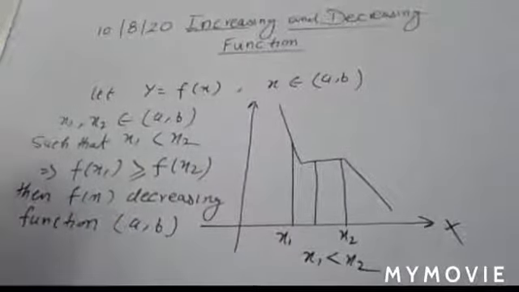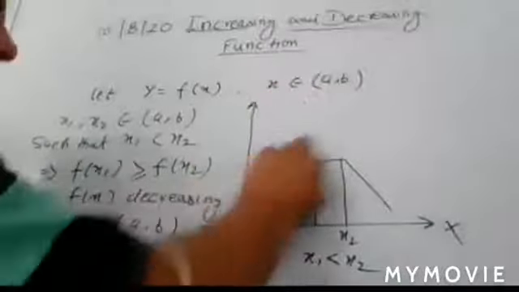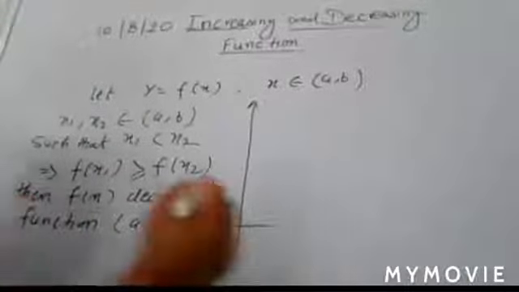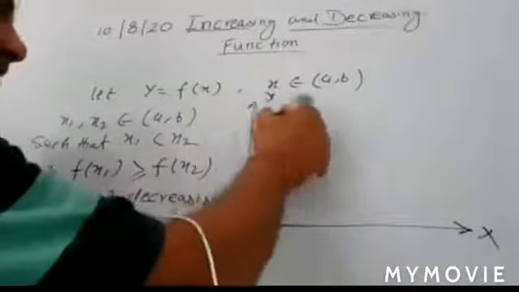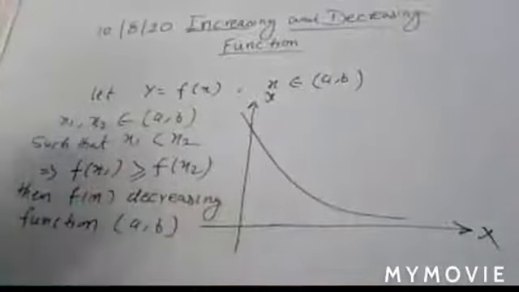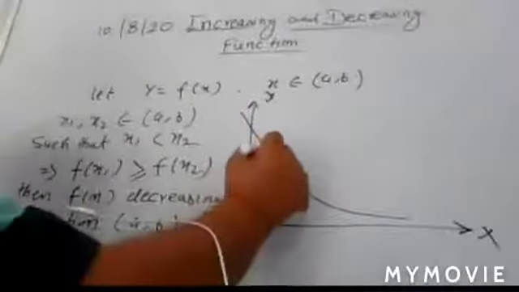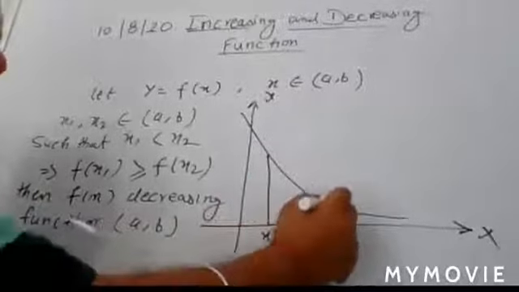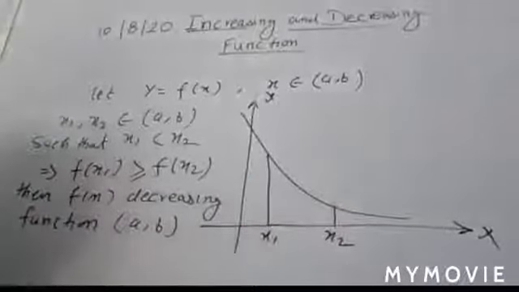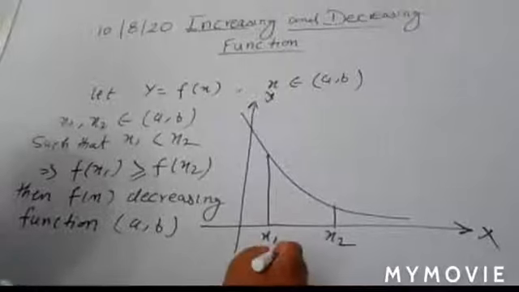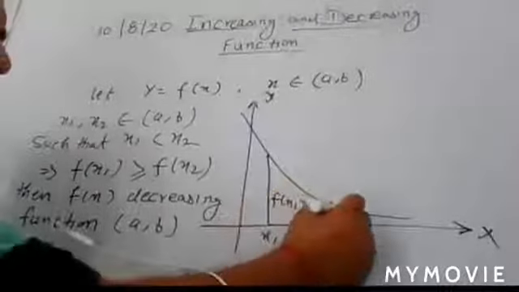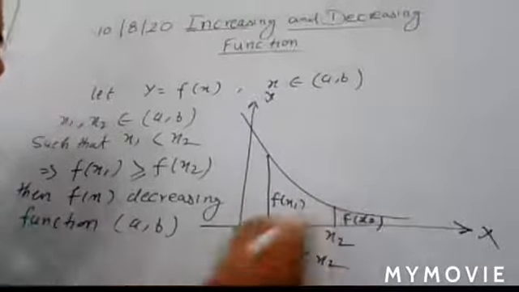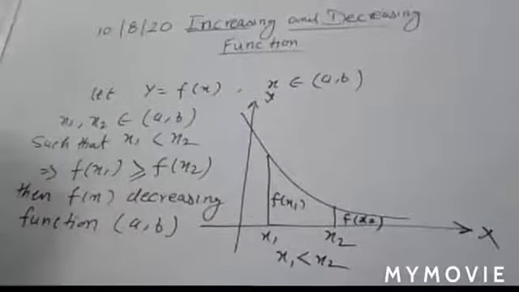In the same way, for strictly decreasing function, you draw your next graph. Here you have x-axis, y-axis, and this is your strictly decreasing function. If you take point x1 and point x2, you see in the figure that x1 is less than x2, but the value of f(x1) is greater than f(x2).